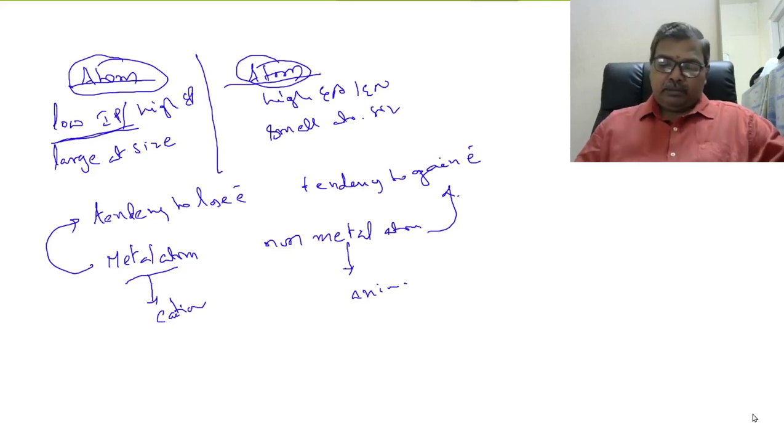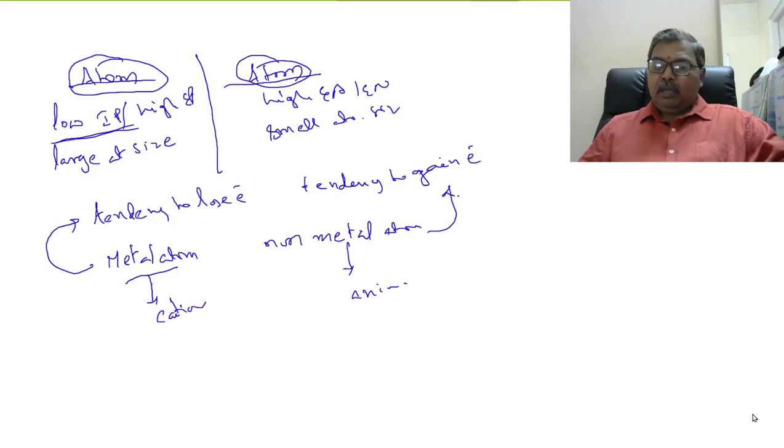Okay, next. Another important point is if you consider the periodic table, S block elements, you leave hydrogen because it is neither electropositive nor electronegative, and its ionization potential is intermediate between the S block and P block elements.